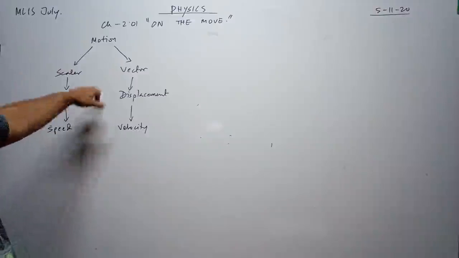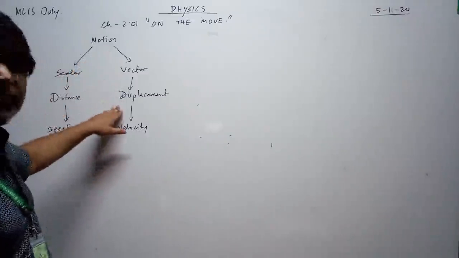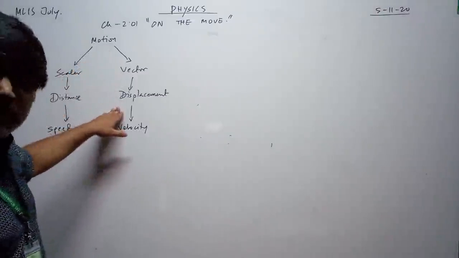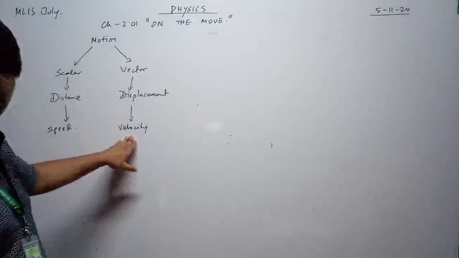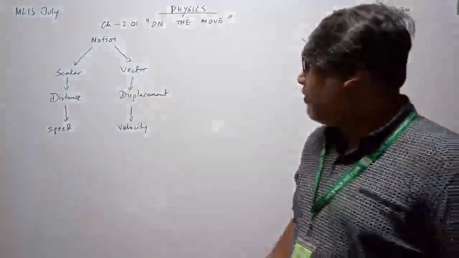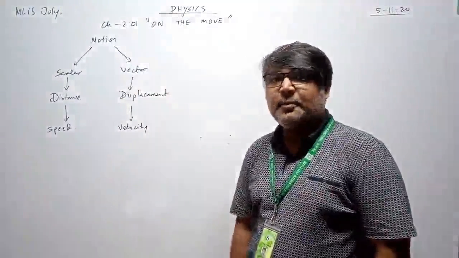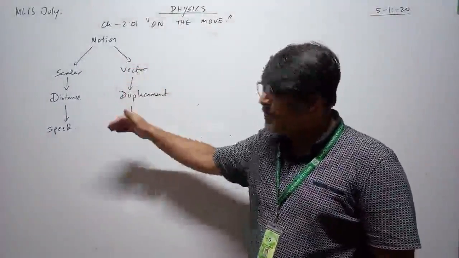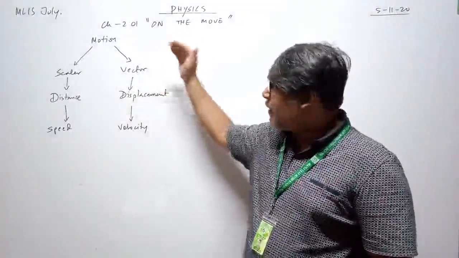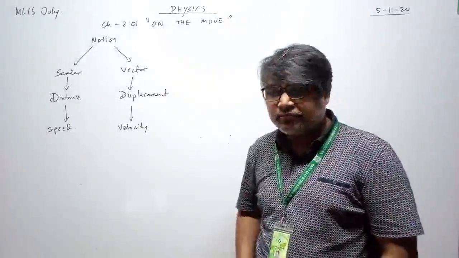We also discussed that a vector motion will be about displacement. Displacement is the shortest distance between 2 points, and rate of displacement is velocity. That is how far we did, and I guess everyone has a copy of this table from last class: scalar quantities are distance and speed relating motion, and vector quantities are displacement and velocity relating motion.